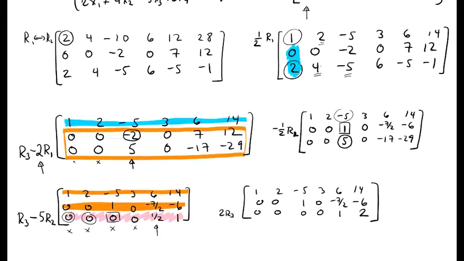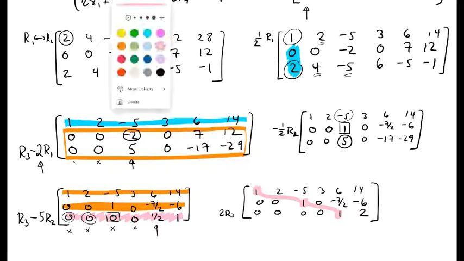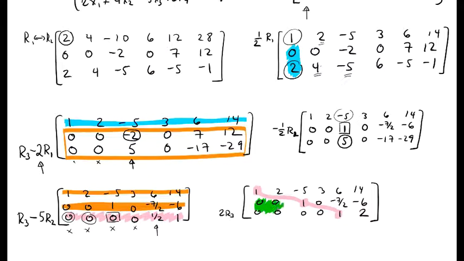I have, if you look, my matrix in row echelon form. Look at the leading 1s. They appear diagonally. Below them, you have a whole bunch of zeros. Right? Where are they? Here they are. All the zeros below those leading 1s. Okay.